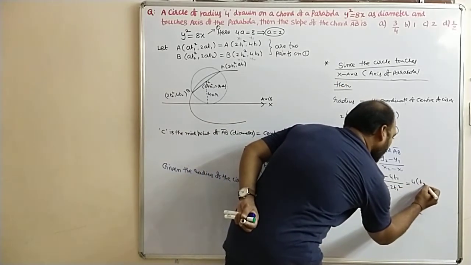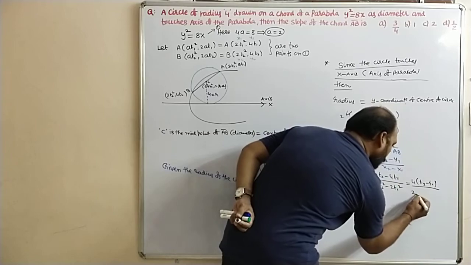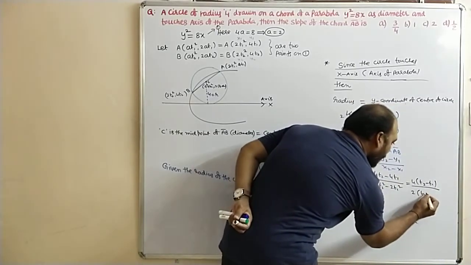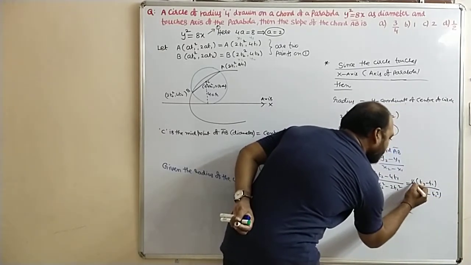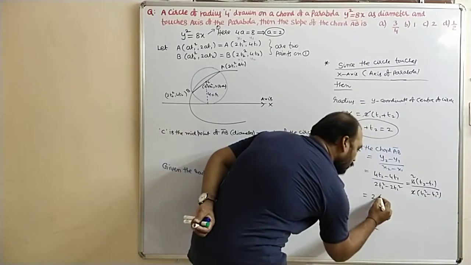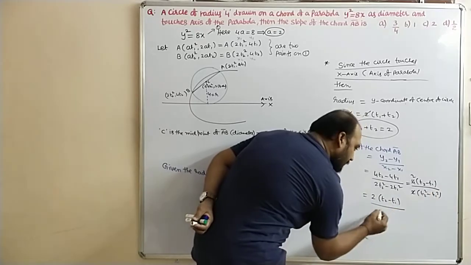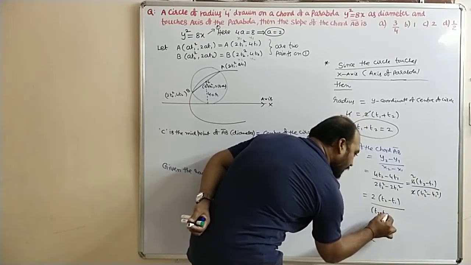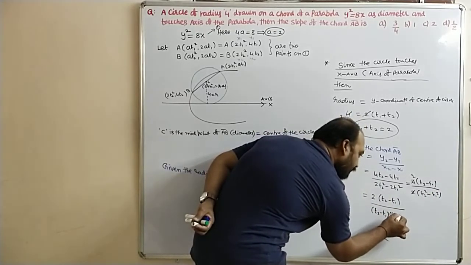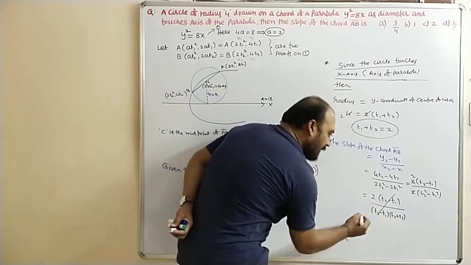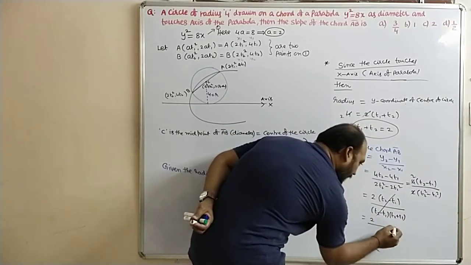Taking 4 common, t2 minus t1, divided by taking 2 common, t2 square minus t1 square. 2 ones are 2, 2 twos are 4, which is equal to 2 times t2 minus t1 by t2 square minus t1 square, which can be written as t2 minus t1 into t2 plus t1. These two will be cancelled, which is equal to 2 by t2 plus t1.